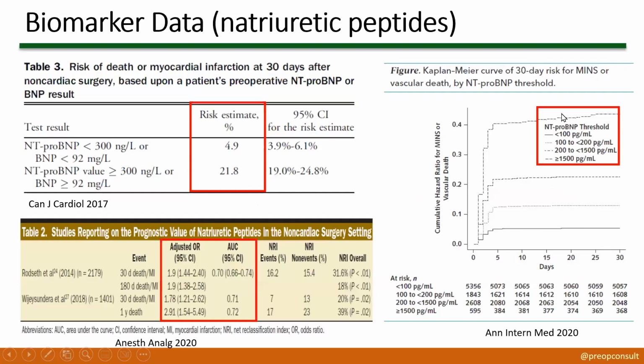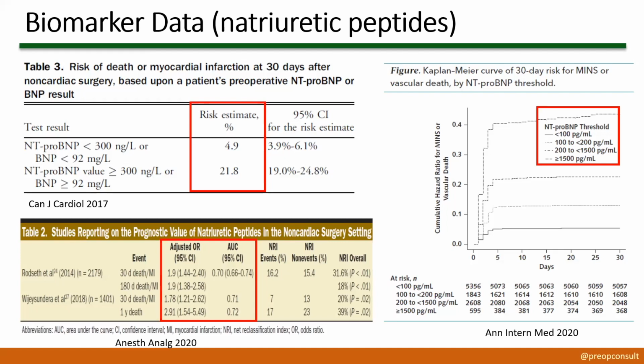Now, here's some of the biomarker data, so you get an idea where they got their information from. On the left side, they looked at N-terminal proBNP less than 300 or BNP less than 92. And you can see the comparison. The risk of having a myocardial infarction or death at 30 days is less than 5% if you were below 300 and above 21% if you were above 300.